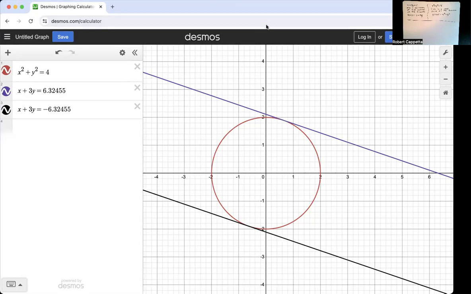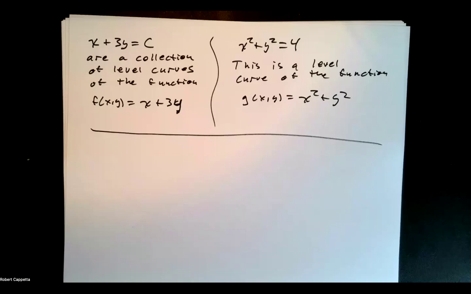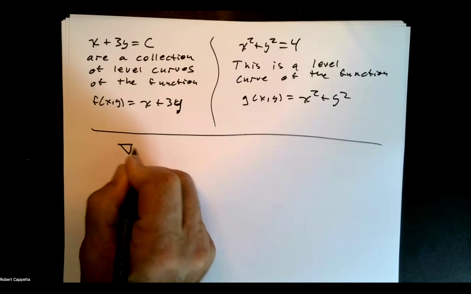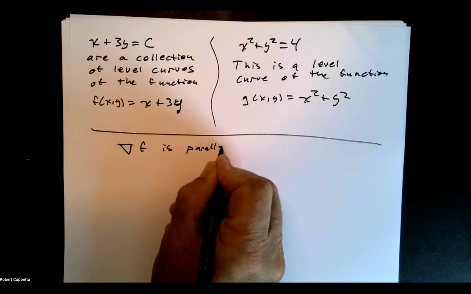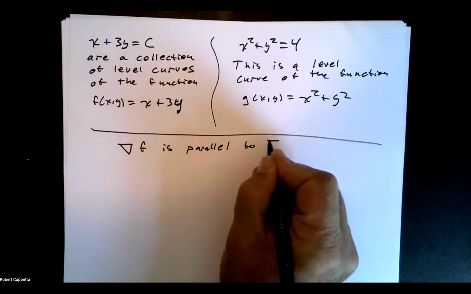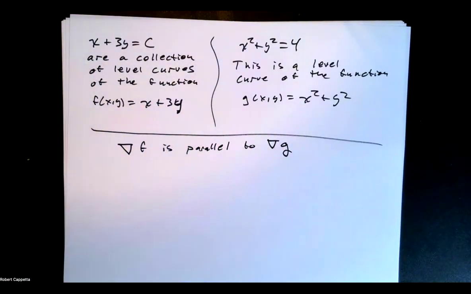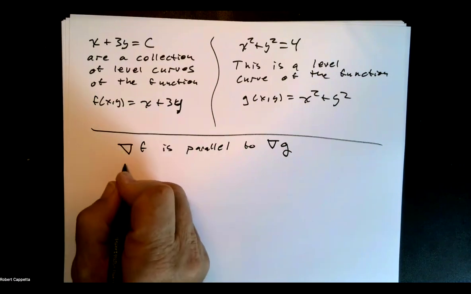The gradients are orthogonal, but they're pointing in the same direction, so that the gradient of f is parallel to the gradient of g. That does not mean the vectors are equal. That means one is a multiple of the other.